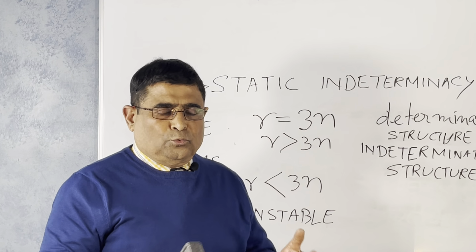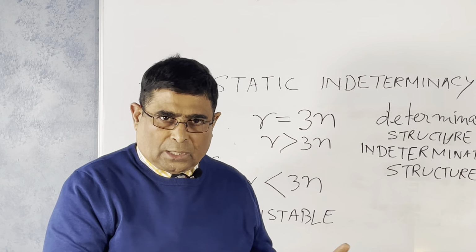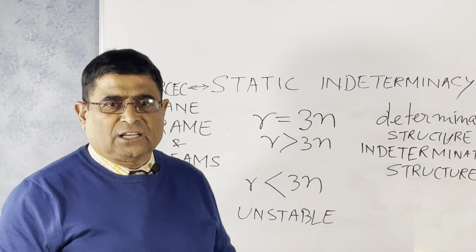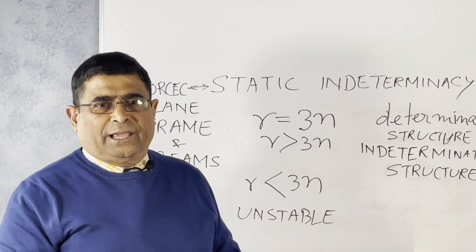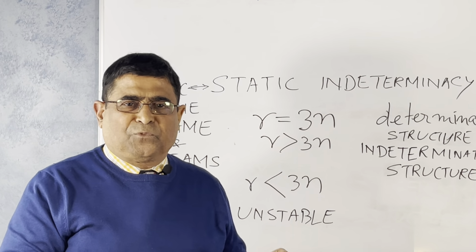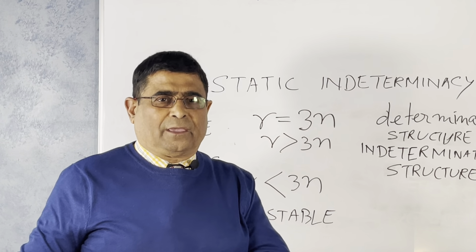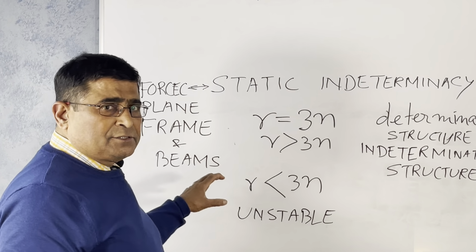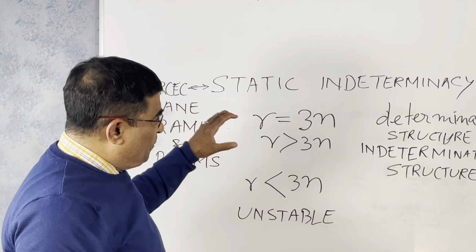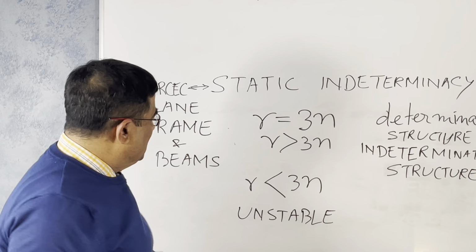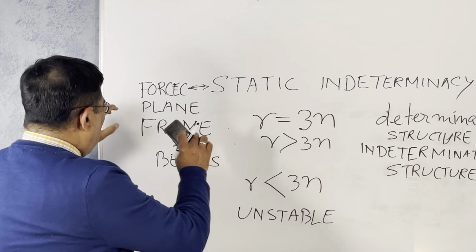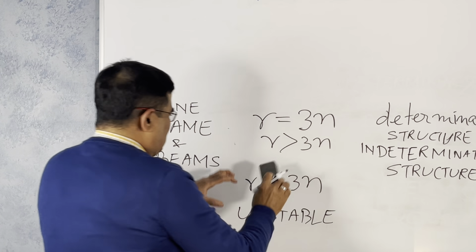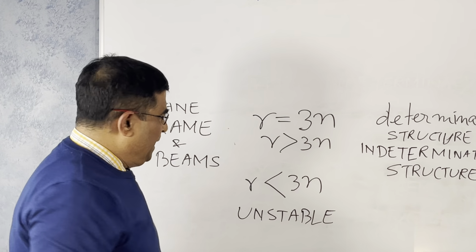The reason is that we will be solving problems from now onward: bending moment, shear force, forces in the truss. So forget about the space frame and space truss for the time being. We will focus more on the plane frame, plane truss, and bending moment and shear force of beams. This is the condition for a plane frame or beam.